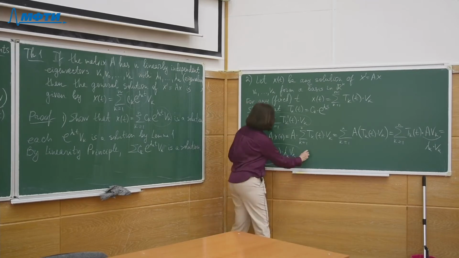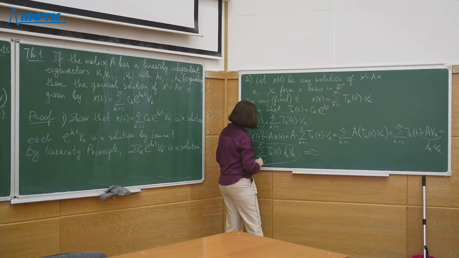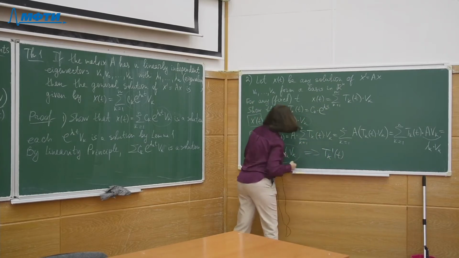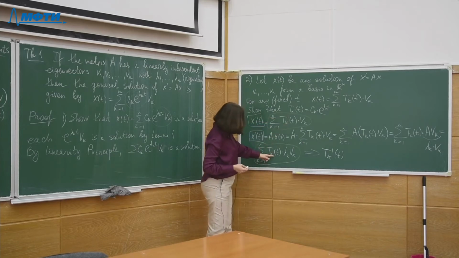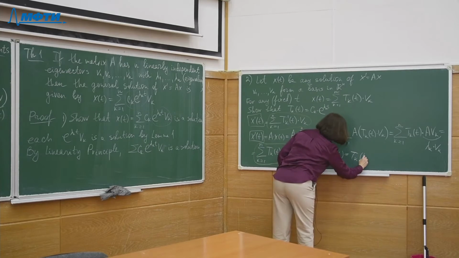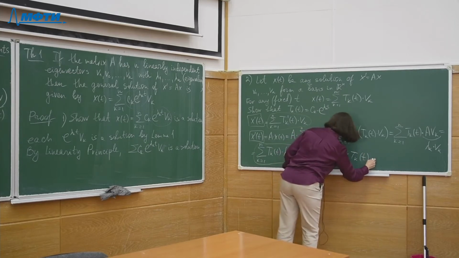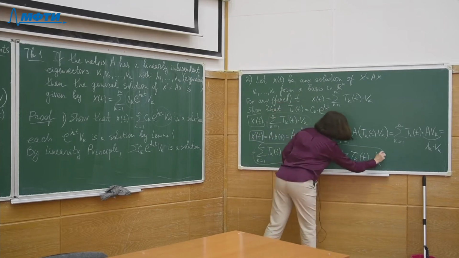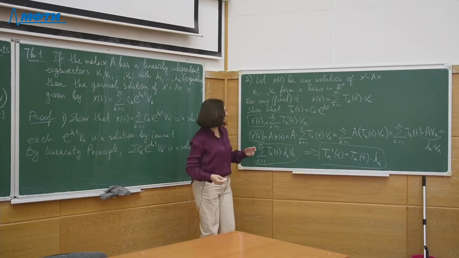So it follows that tk prime of t equals tk of t times lambda k. We have obtained this scalar linear differential equation.